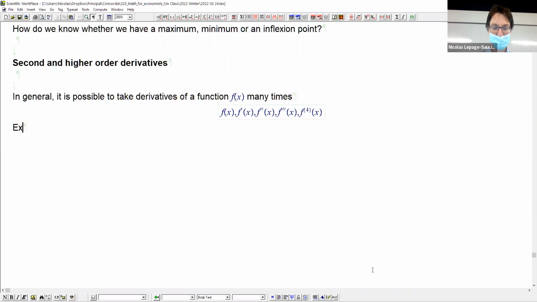So let's look at an example. A nice polynomial function. I have f of x equals 4x^4 minus x cubed plus 17x squared plus 3x minus 4.